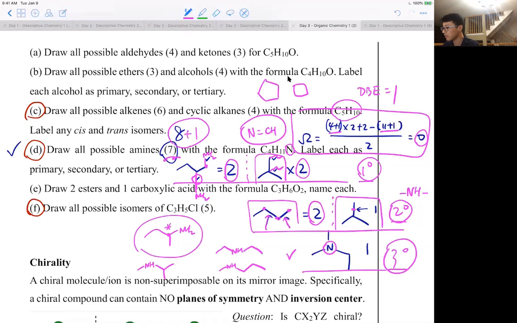We can start from this. We can have this. We can have this. And this, we need to multiply by 2 because we have the cis and the trans. That's it. Oh, we got 5. Ooh. Did I miss one? Yeah, I got 5.